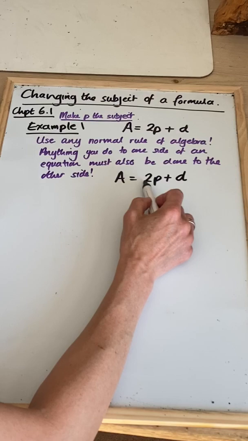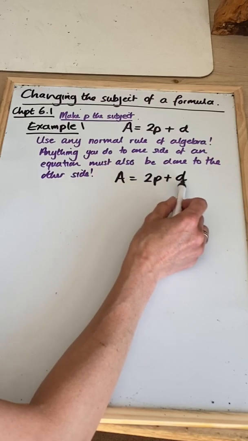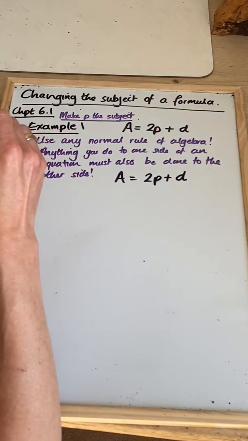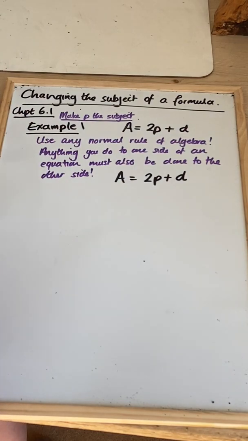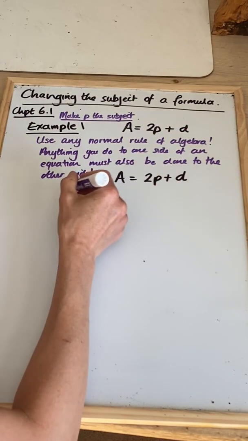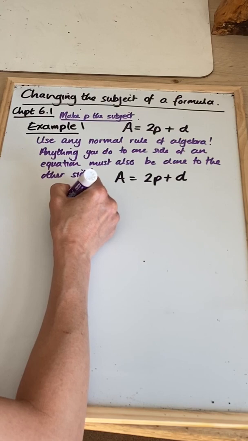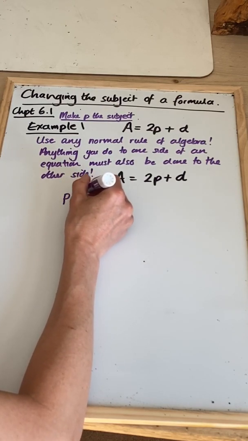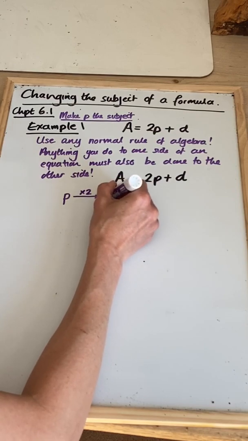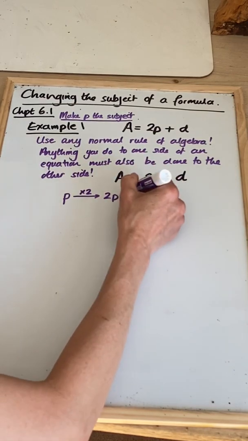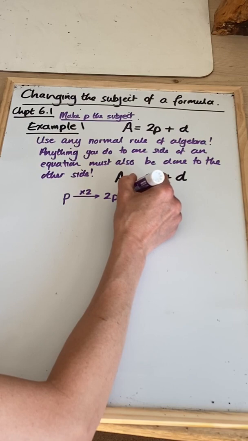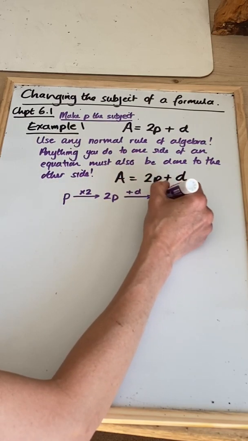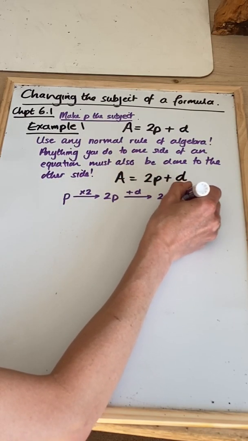Now, just for this very first example, I'm going to write that out in function form. So I've got this P, I have multiplied it by 2, that's made it into a 2p, and then I have added a D onto it, and that's made it into a 2p plus a D.